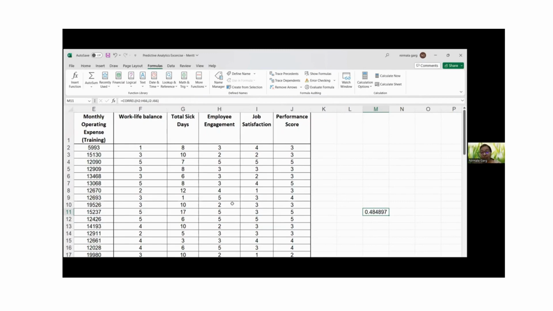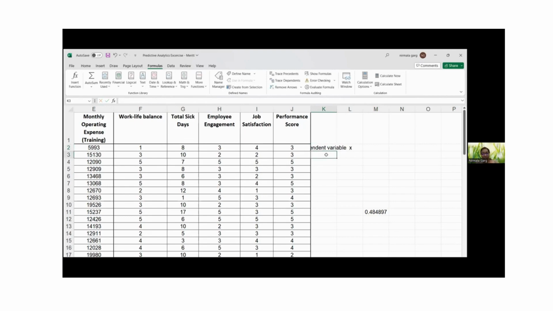Now, when I'm doing regression, I'm again going to use two variables, but one becomes what? Independent variable. Typically the independent variable is called X, and I can also call it IV.